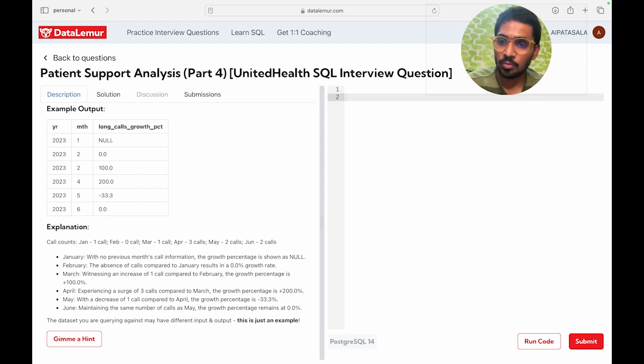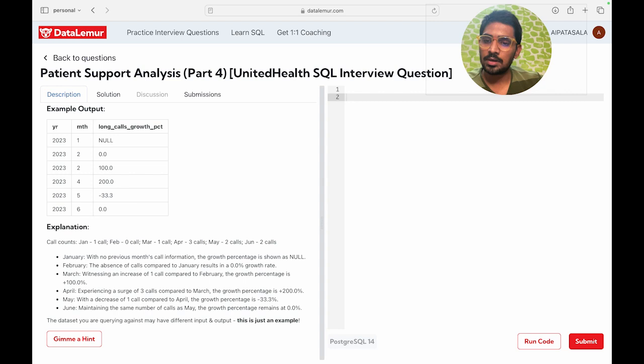January has no previous month call information, so the growth percentage shows as null. The absence of calls in February compared to January results in a 0% growth rate. Witnessing an increase of one call compared to February, the March growth percentage is 100%.